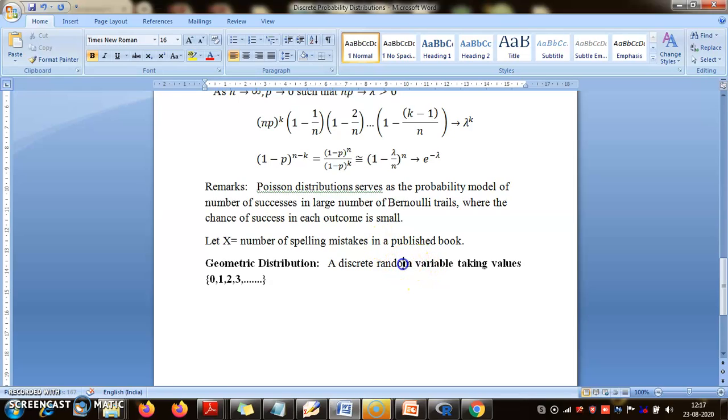Taking non-negative integer values. A non-negative integer valued random variable is said to follow the geometric p distribution if the probability X equal to k is given by the formula.